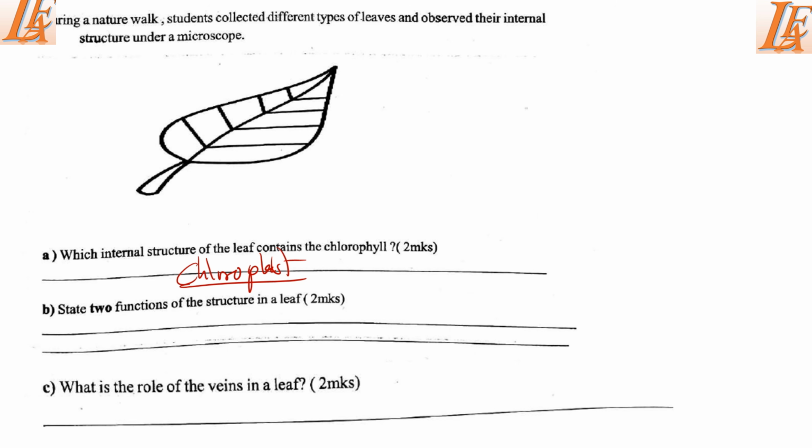Question B, state two functions of the structure of the leaf. In this case, we have several of them, but we're going to list a few. We have stomata, which are used for gas exchange and also regulate water loss.